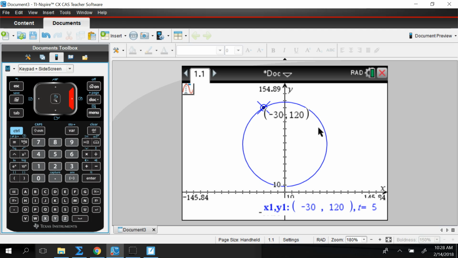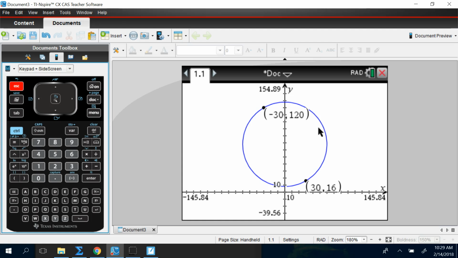Or, there's 12 seconds in every revolution, so you subtract 12, right? So 47 minus 12 would be 35. Minus 12 would be 23. Minus 12 would be 11. So I really want to know where I'm at t equals 11. And I'm right there.